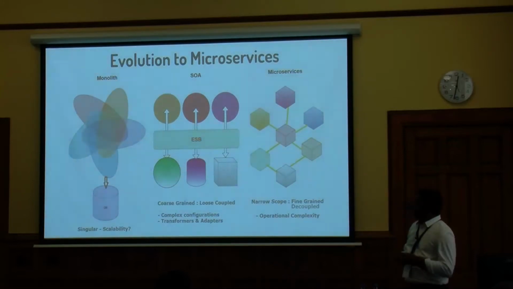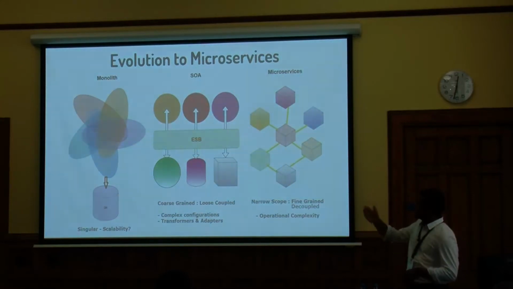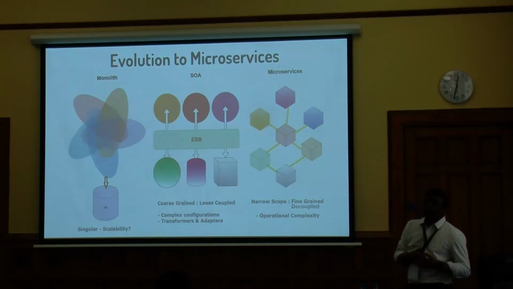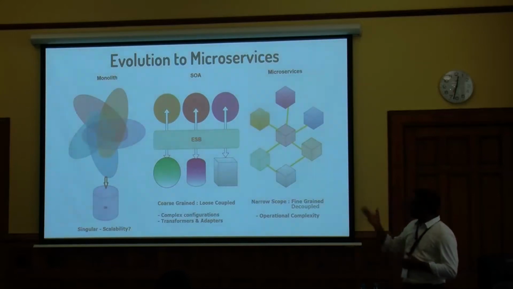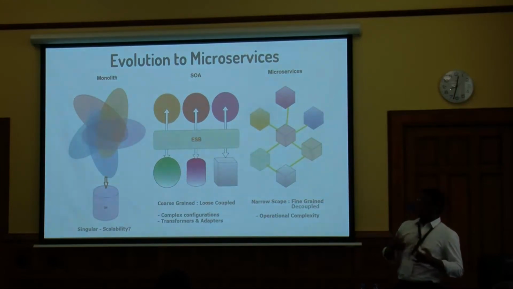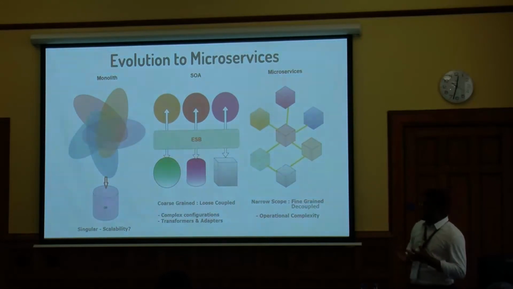You construct services and make those services talk with each other, and you bundle a middleware component in between those services. So service 1 could talk to service 2 going through a middleware, let's say an enterprise service bus. There are lots of products like Mule ESB, Oracle Fusion Suite, and many others that came up as a middleware solution.